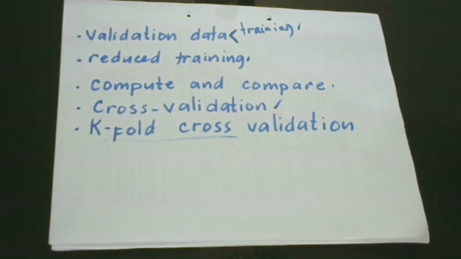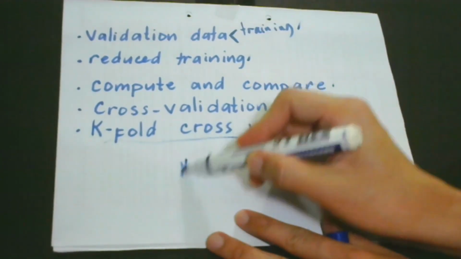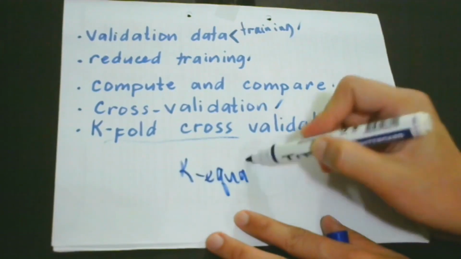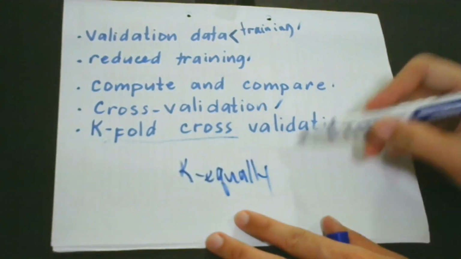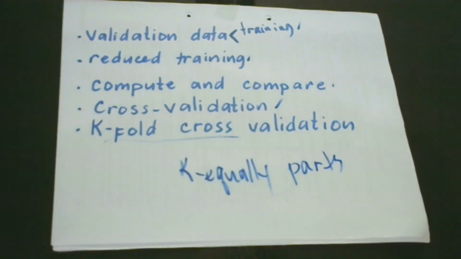So what kind of method is this? This method divides the data into k equal parts. Maybe you would like to ask me how many parts the data should be divided into.